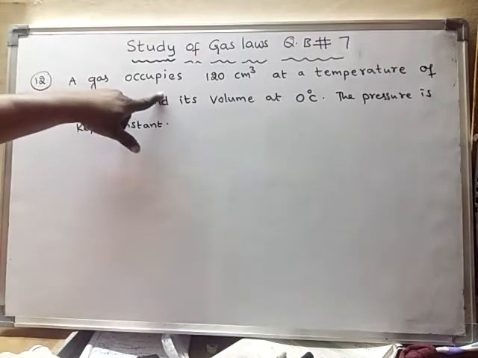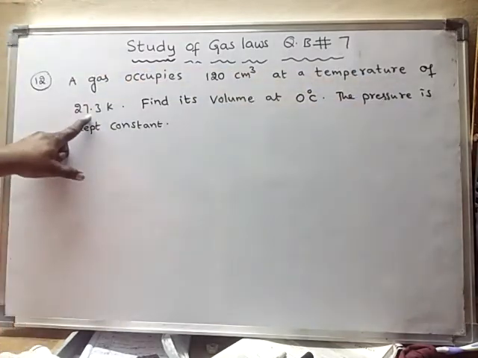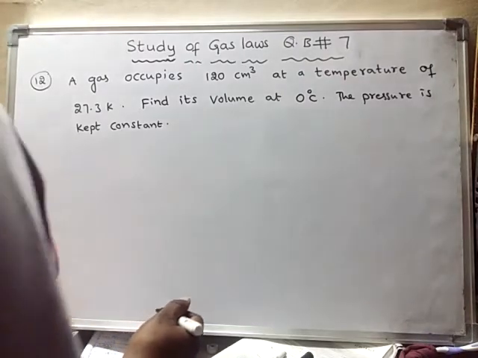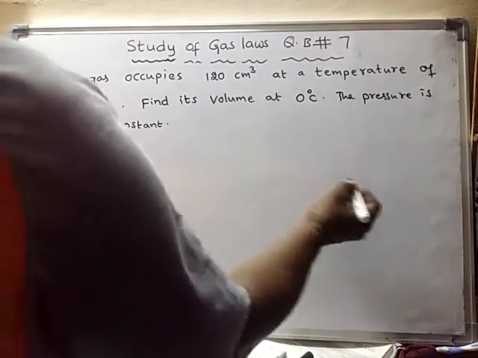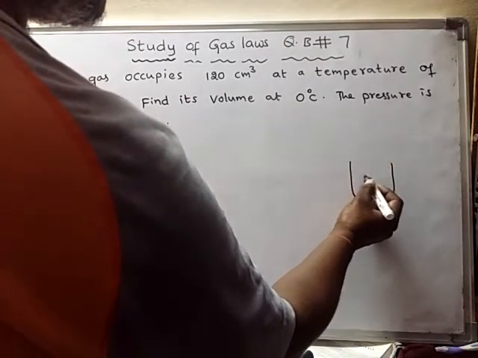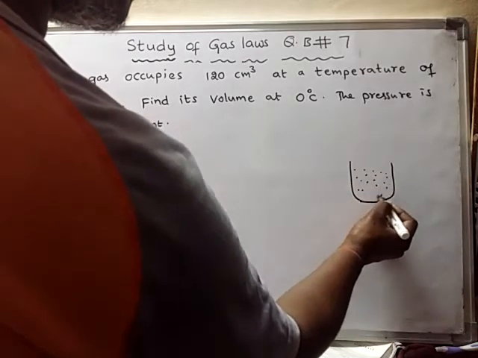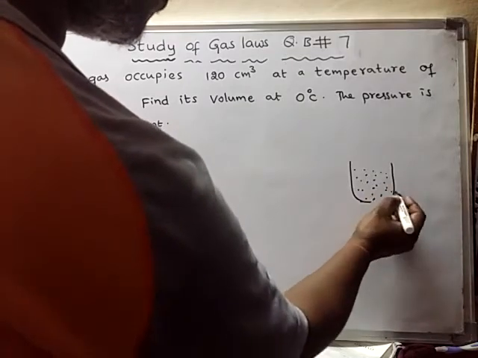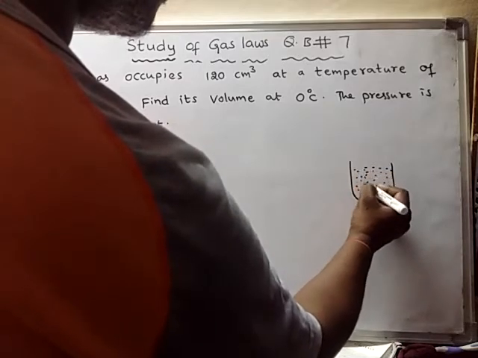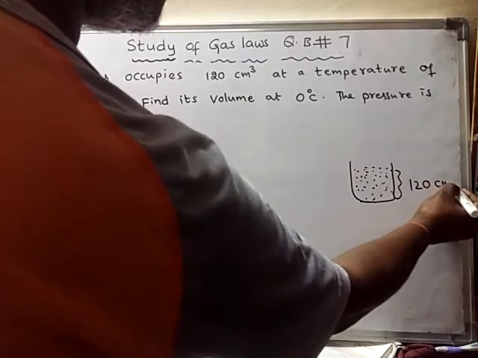A gas occupies 120 centimeter cube at a temperature of 27.3 Kelvin. So there was a gas, and it is occupying a volume of 120 centimeter cube.